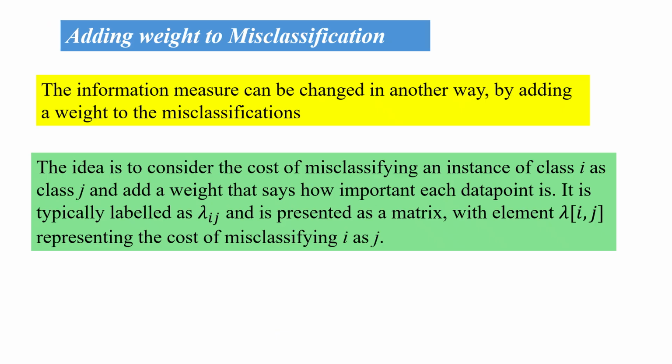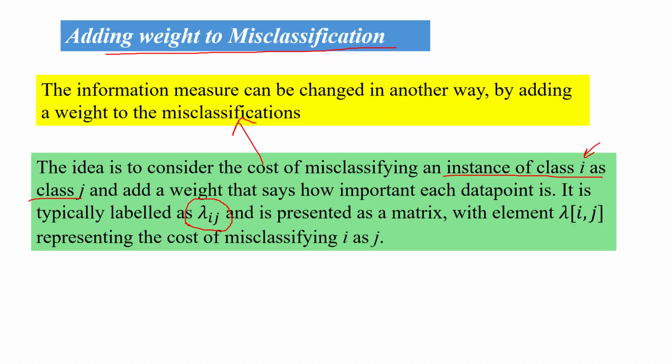There's another possibility here, which is adding weight to misclassification. So what does this mean? You are now accounting for the misclassification in the tree. Suppose an instance of class I has been misclassified as that of class J. We will attach a weight lambda ij with this misclassification.